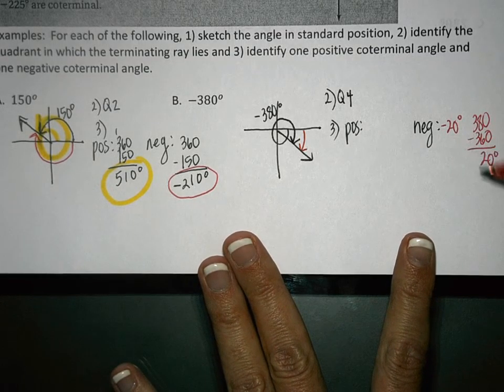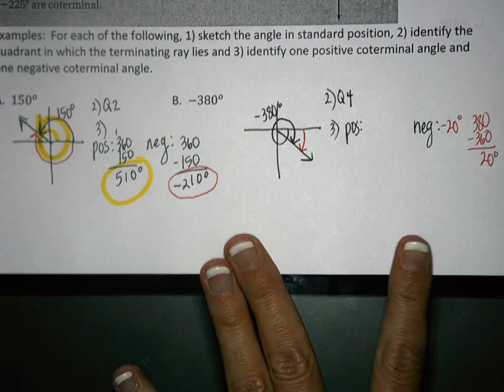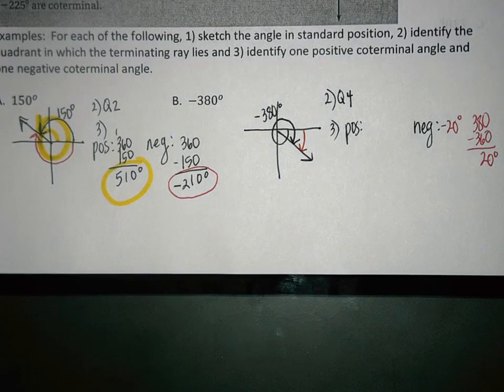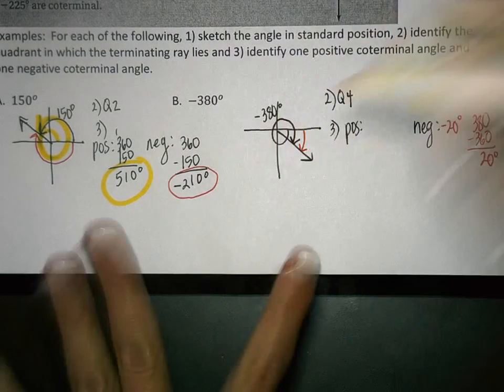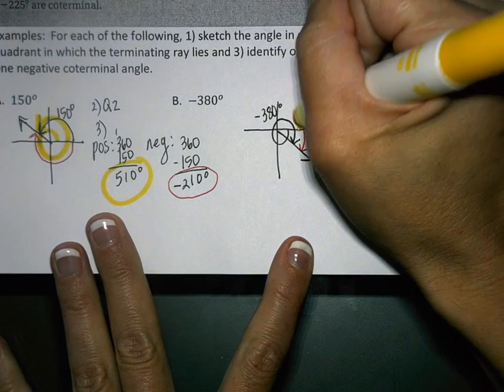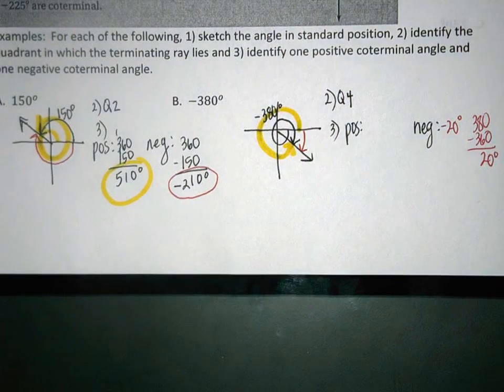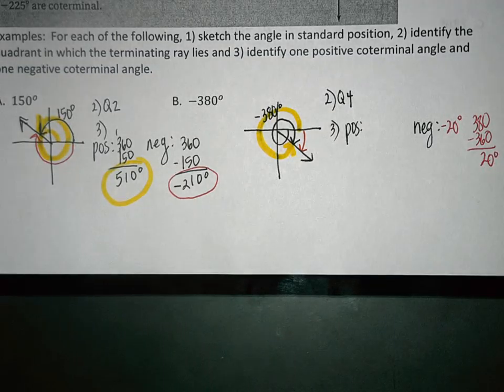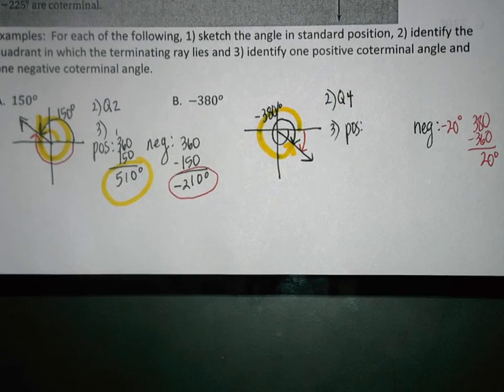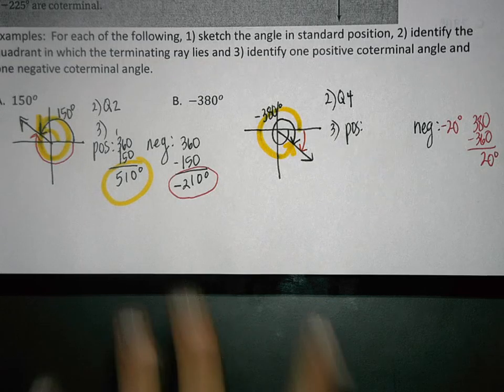Okay, now for the positive, and I'm going to do this in my yellow. From here all the way to here, what would be that value? So we know this red portion is how much? 20, and so if you just take 20 from 360, you get 340.